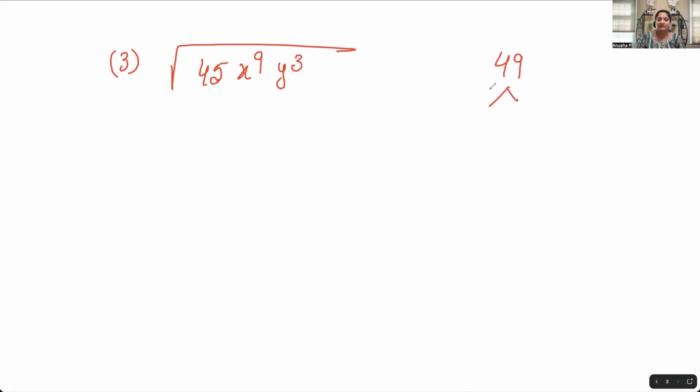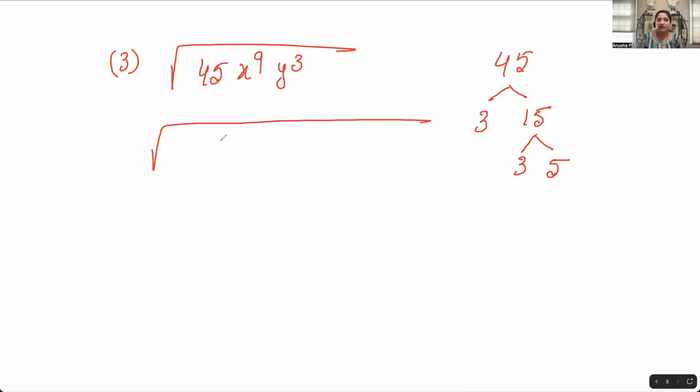The third example, square root of 45 x to the power of 9 y to the power of 3. 45 is 3 times 15, and 15 is 3 times 5, so 3 times 3 times 5.